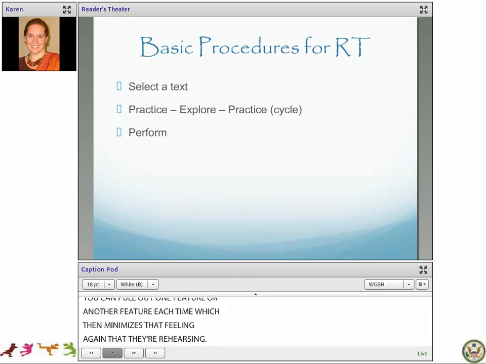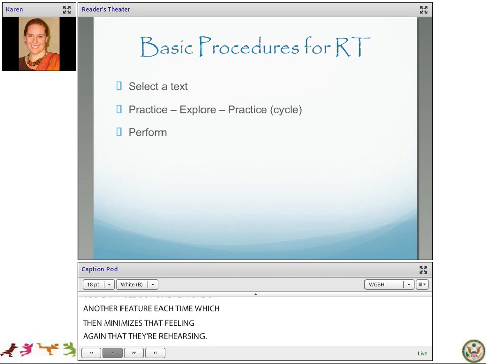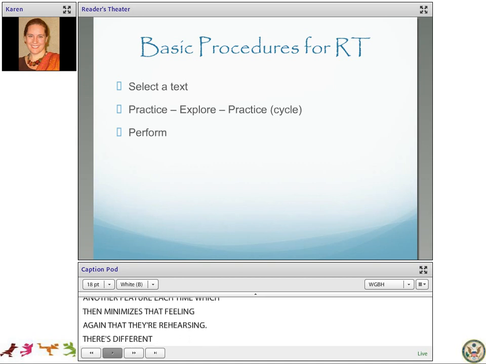The third part of Readers Theater is that you do need to provide an opportunity for learners to perform, even if it's just for one another in small groups, perhaps for another classroom, perhaps for the school that they're in, perhaps on a larger community-based level.